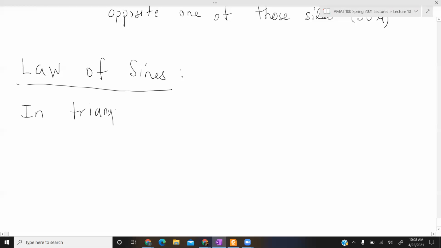So here's just the statement of the law of sines. In a triangle ABC, we have the following equations hold. We have a system of equations. So 3 equations.